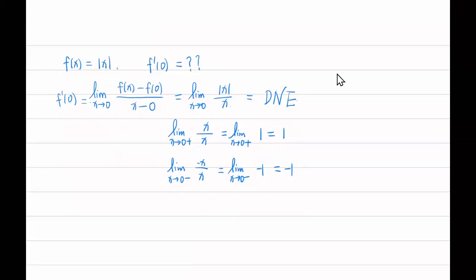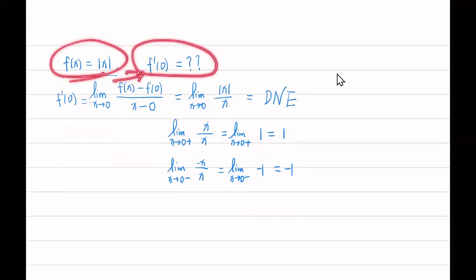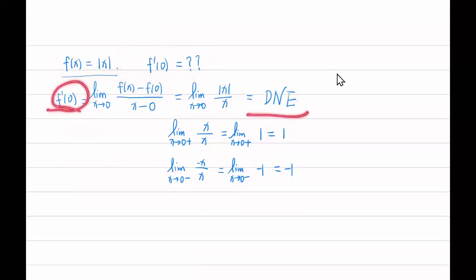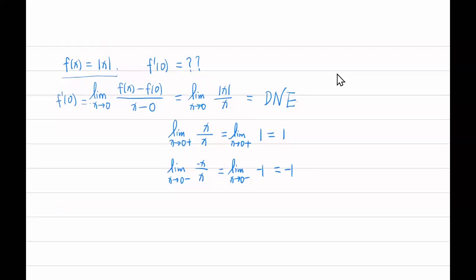So this is an example where the function is continuous, but it's not differentiable at 0 because this limit doesn't exist. Now, conclusion: if f'(0) doesn't exist, it does not follow that f is not continuous.